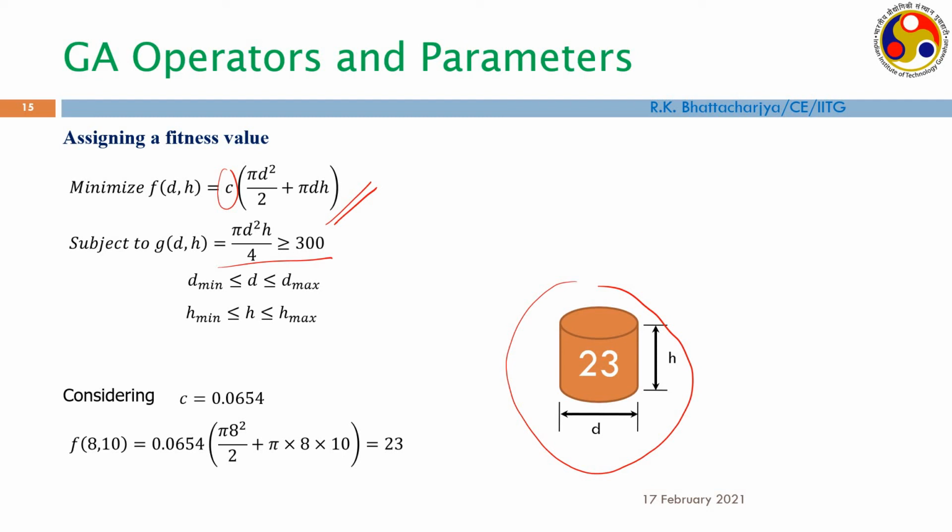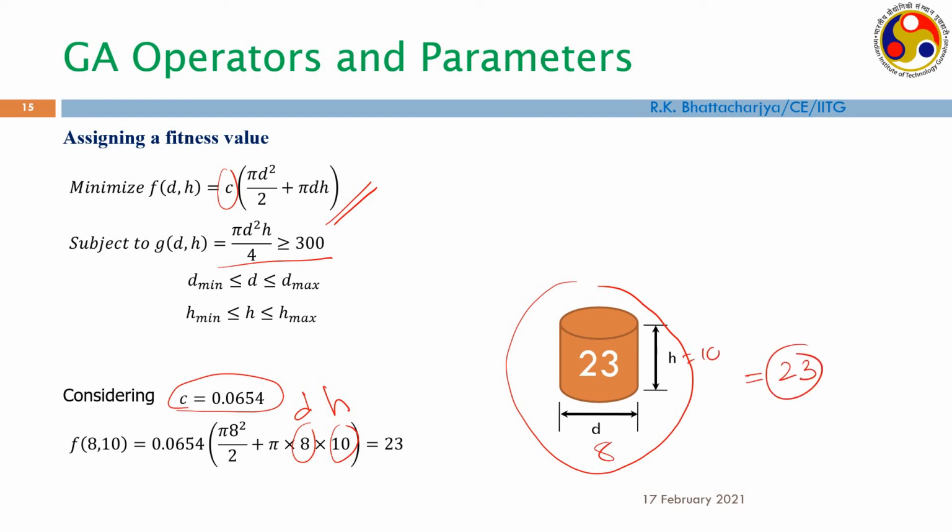Now suppose C equals 0.0654. For this C, suppose the dimensions are diameter D equal to 8 and height H equal to 10. Then I am getting 23.